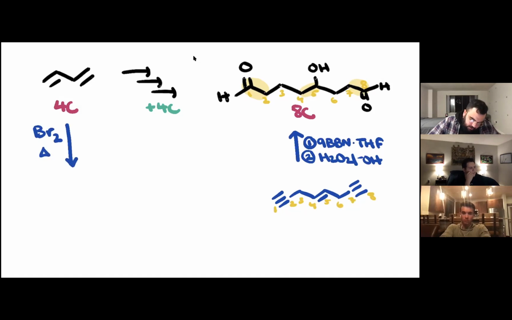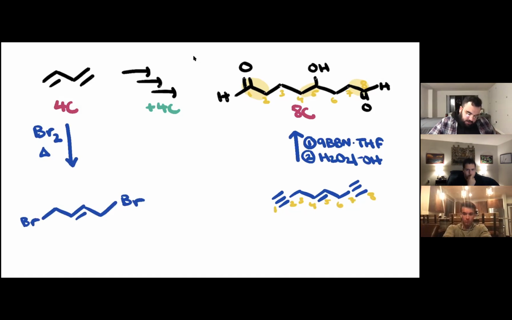I would end up getting my bromides at my 1 and 4 positions here. So that's just my 1,4-addition of Br2.